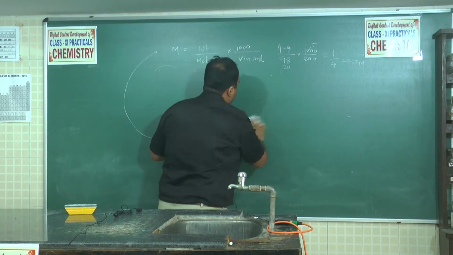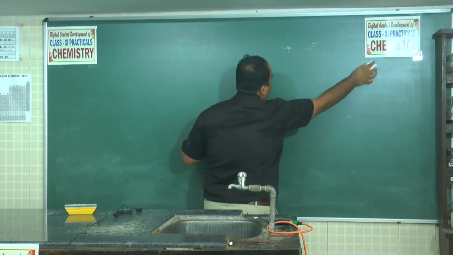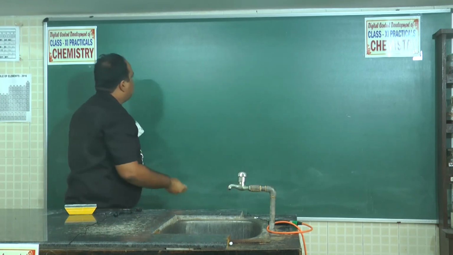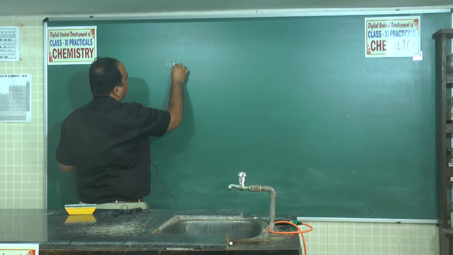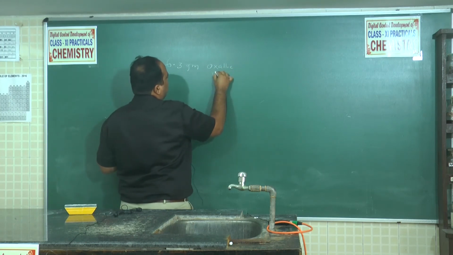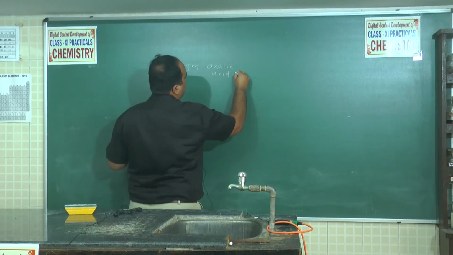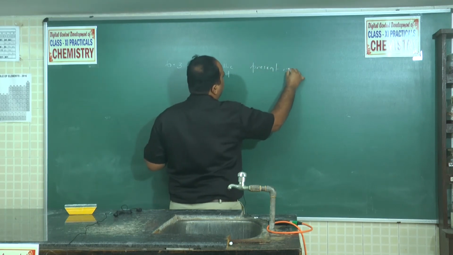Now let me solve another one, the same as what you will calculate in your titration process also. 6.3 gram of oxalic acid present in 250 ml of the solution.